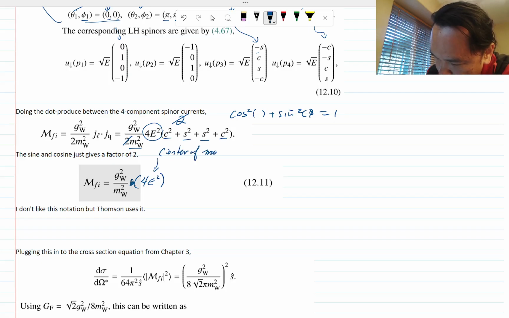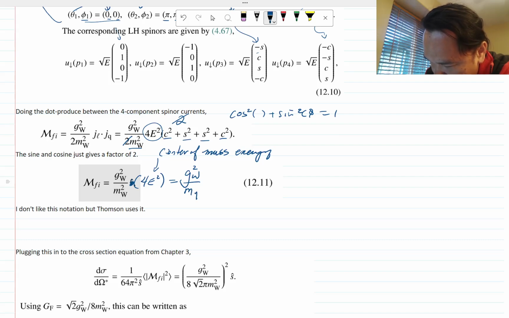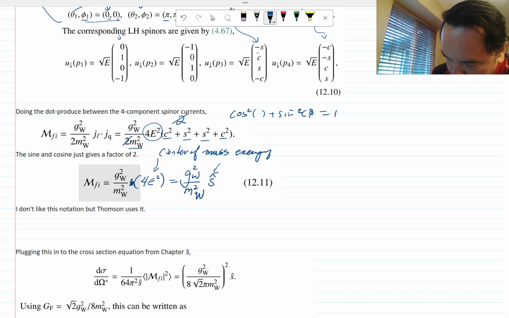Okay, and Thomson decides to call this S hat for some reason instead of just S. I don't see the difference between S and S hat right here. But he's using this notation, so we're going to define S, the way he defines it, as 2 times E, the whole thing squared.